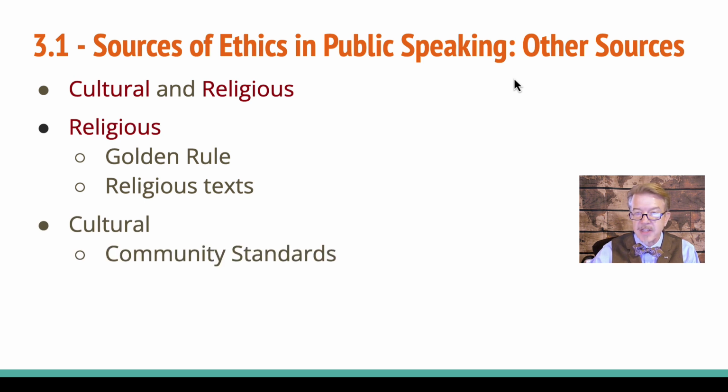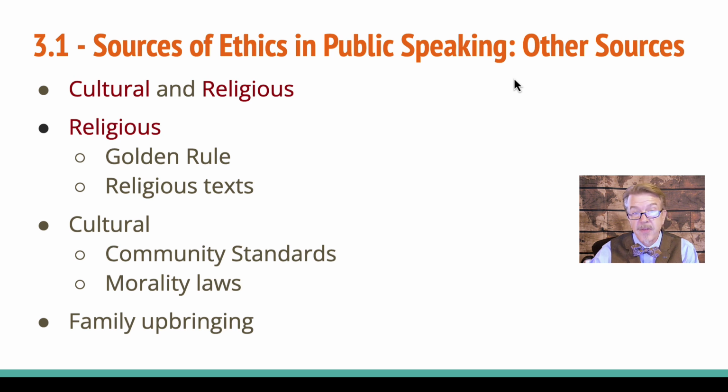Culturally, community standards, as we mentioned earlier, but also morality laws in terms of what can be done and can't be done are things that address this. But there are also standards within a country or society or tradition that make up cultural things. And then, of course, our family upbringing. Some people may have a different family upbringing than someone else and have different sets of values of what is and isn't appropriate.